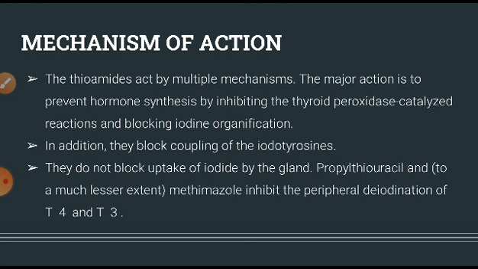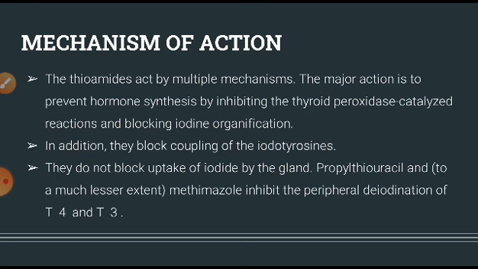How does it act? The thioamides act by multiple mechanisms. The major action is to prevent hormone synthesis by inhibiting the thyroid peroxidase catalyzed reaction and blocking iodine organification. It means the iodine which has been trapped and brought inside and binds with the thyroglobulin, all this is inhibited by these thioamides. In addition, they block coupling of the iodotyrosines. So not only the organification but also the coupling can be blocked.